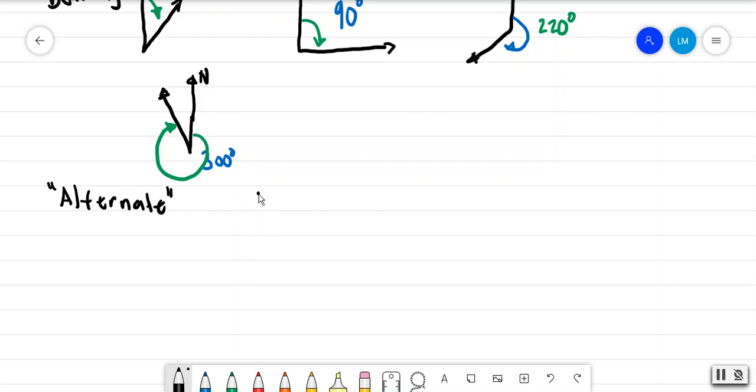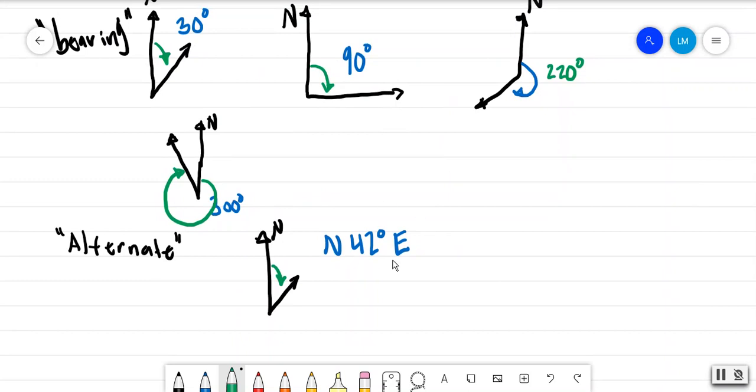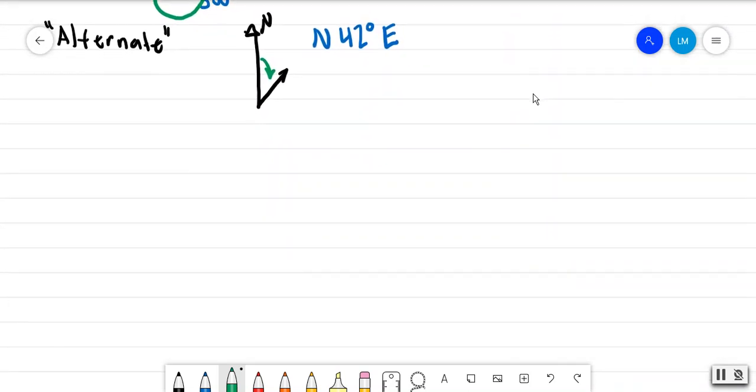So for example, let's say that we have something like this, and we still indicate the direction, but we say north 42 degrees east. So this is kind of like northeast. In this case, the bearing is still in the same direction relative to the north, but we're indicating 42 degrees northeast, whereas we might say bearing 30 degrees and so on. So this is an alternate way that you can look at this.